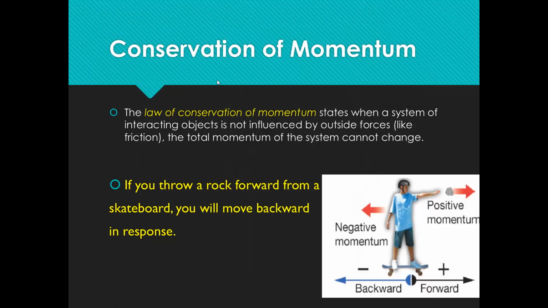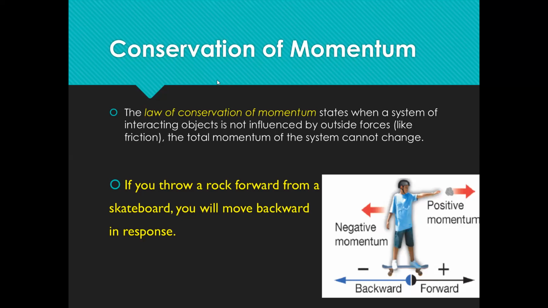That means if you have two objects, like this man here throw a rock. Before he is throwing the rock, he has the rock in his hand. So the velocity of the rock is 0, and the velocity of the man is 0.